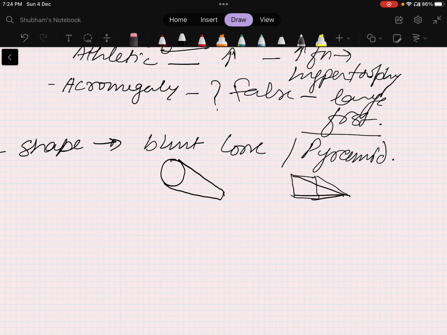Why do I draw it like this and not like this? That's because our heart is not present in a normal up-down situation. It's not how our heart is actually placed in the body.